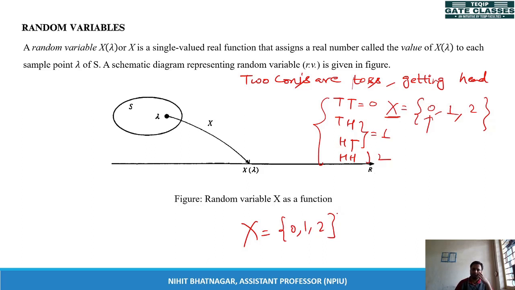So only 3 values. It does not contain any value like 0.01 or 0.25. It contains integer values, countable, in a finite series. So the values are not in continuous form. It does not contain values between 0 and 1. It only contains 0 and 1. That's why it is called discrete.